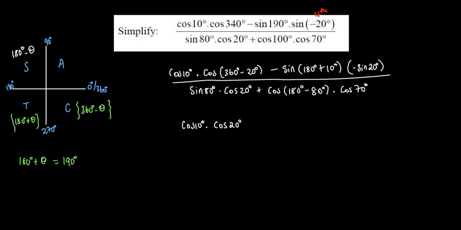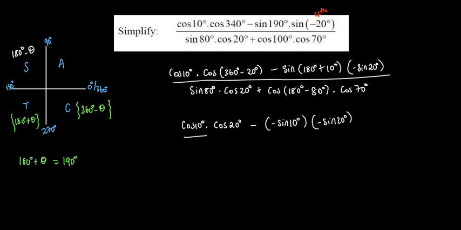Now 180 plus is in here. Is sine positive or negative? Sine is negative in there. So you have negative sine 10 degrees. And then you have negative sine 20 degrees there.